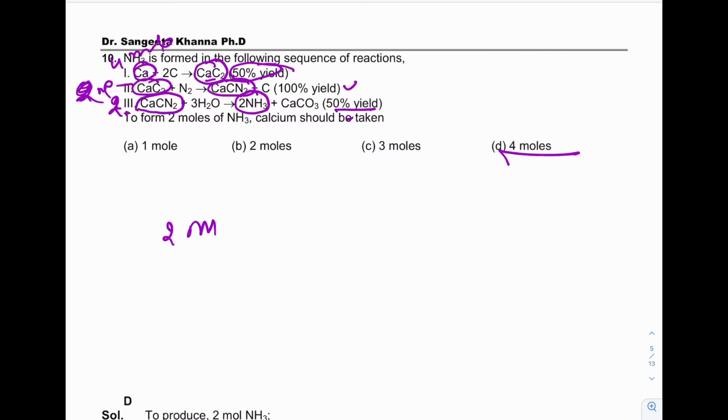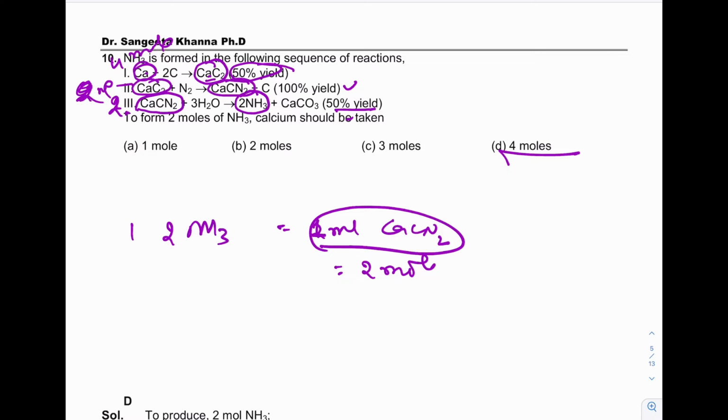So 2 mole ammonia, 2 mole calcium cyanamide is used, and if yield is for 2 moles, 1 mole calcium cyanamide is used, and if yield is 50%, then it required will be 2 mole. First step.